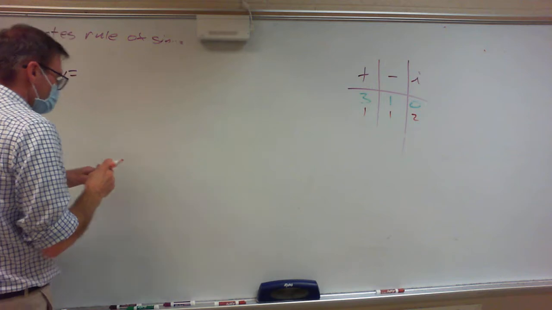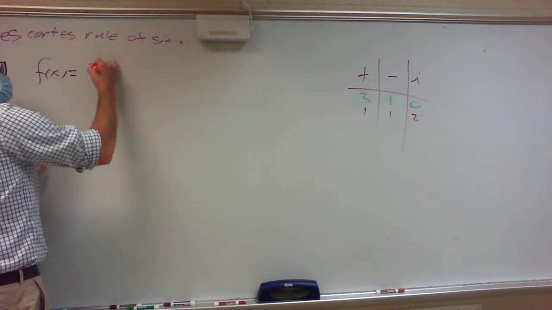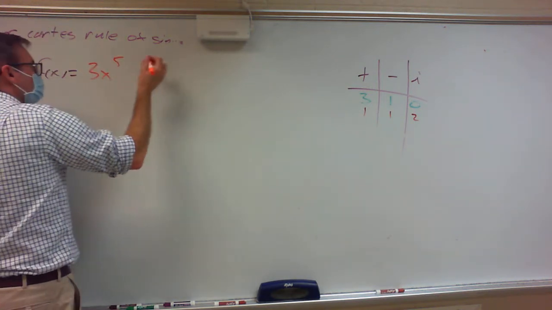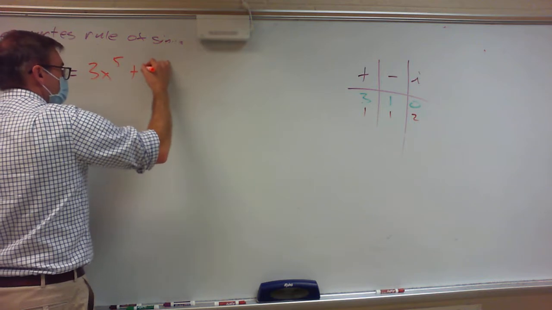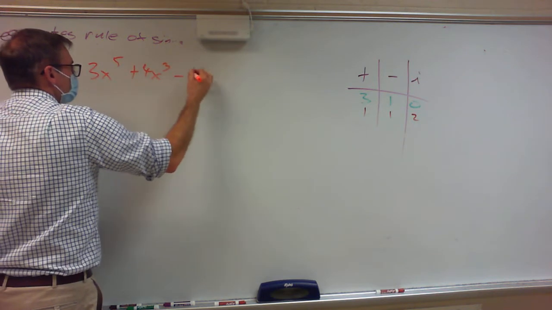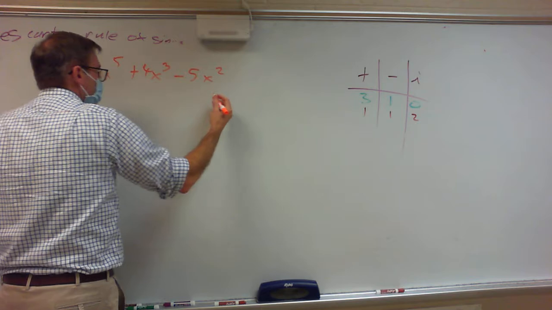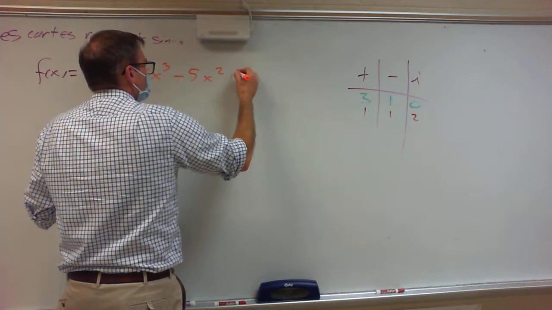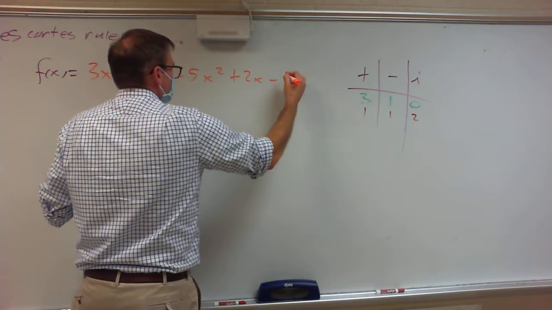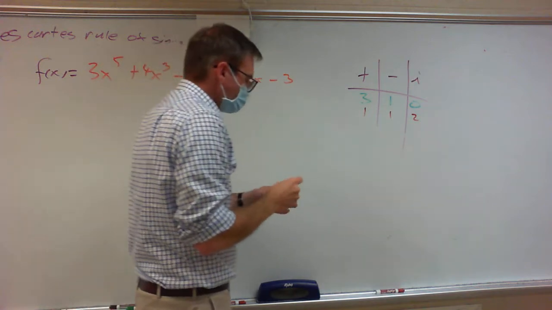Let's say I have 3x to the 5th plus 4x cubed minus 5x squared plus 2x minus 3. Okay.